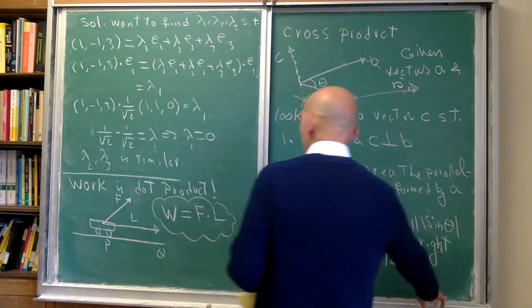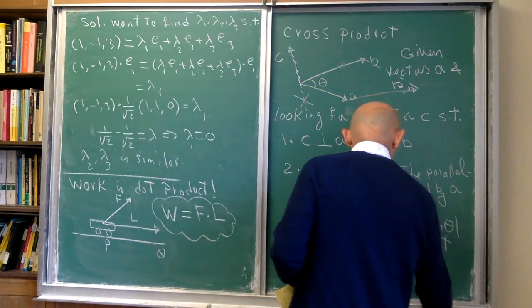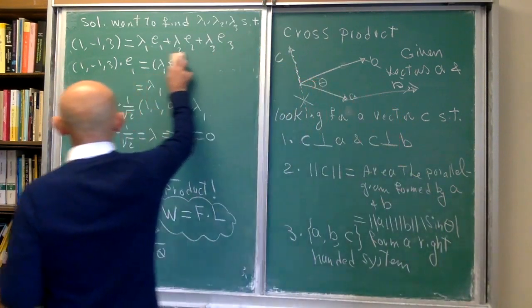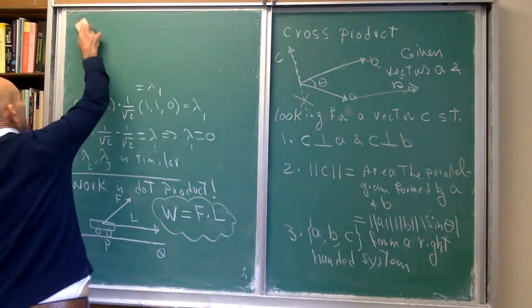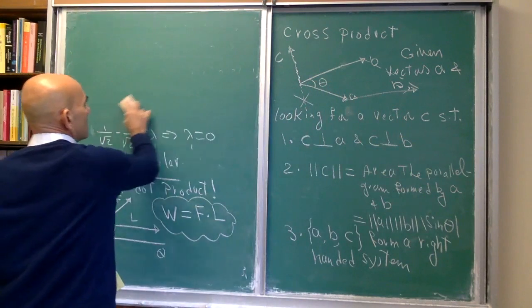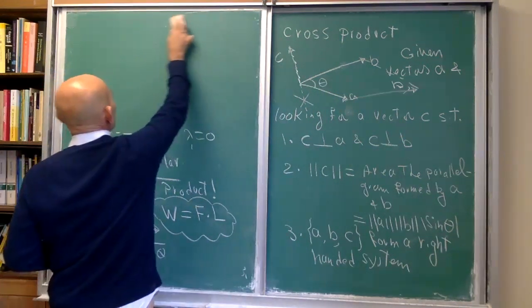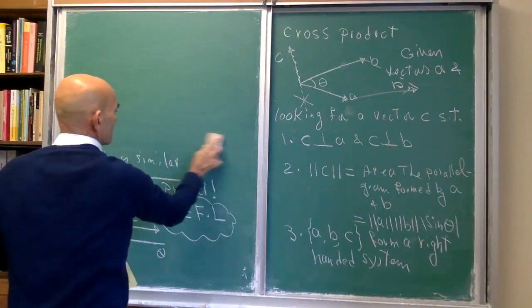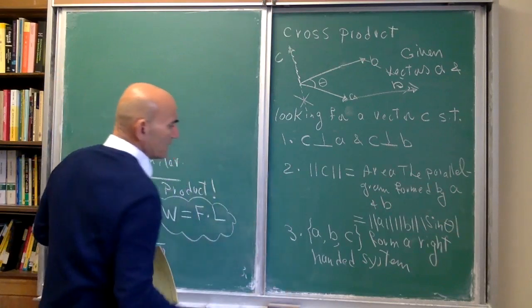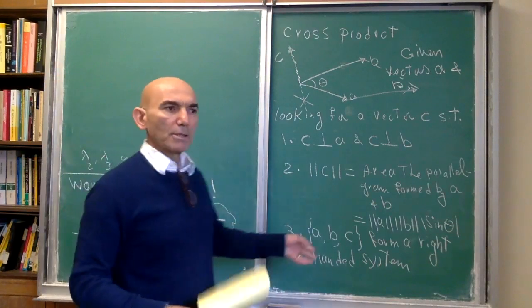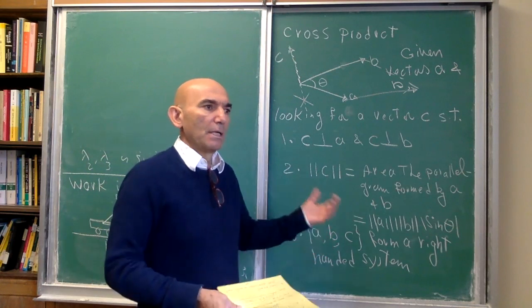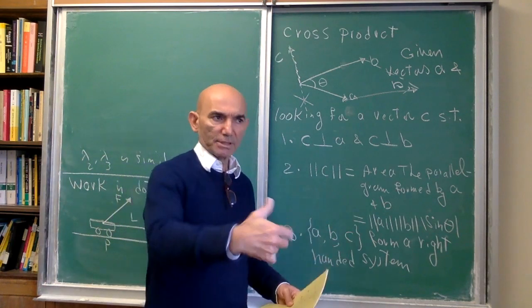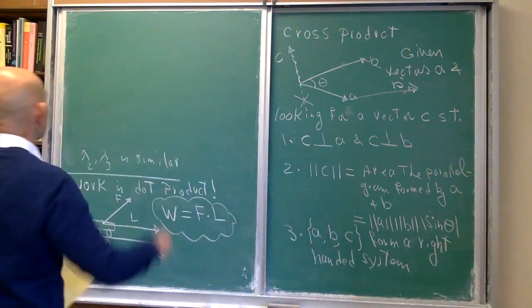So let me write it down, because that's kind of useful actually to know. Usually this more abstract mathematical definition is not taught, because the right-hand rule is kind of useful, but let me just say it anyhow.